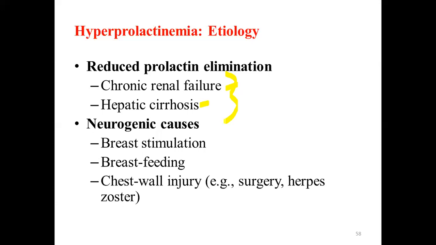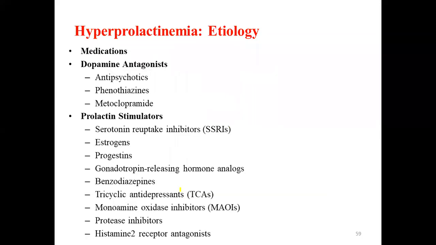And apart from that, breast stimulation, breastfeeding, and chest wall injury are some of the neurogenic causes of a high prolactin level. Then, of course, some drugs can also increase the prolactin level, such as dopamine antagonists.